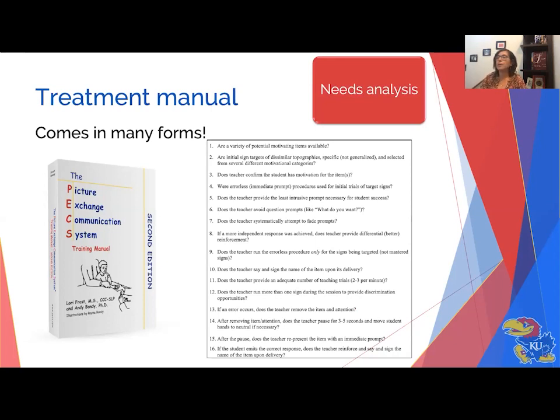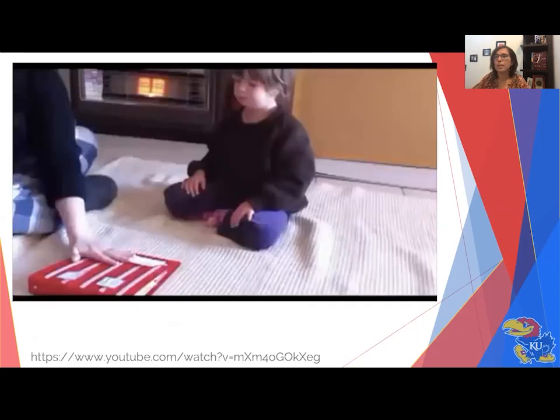And a checklist will be handy for something I'll talk about later too. And you can also make a video manual as long as it contains the 3 necessary components, and that is instructor behaviors, student behaviors, and error correction procedures. So let's see if this one does.